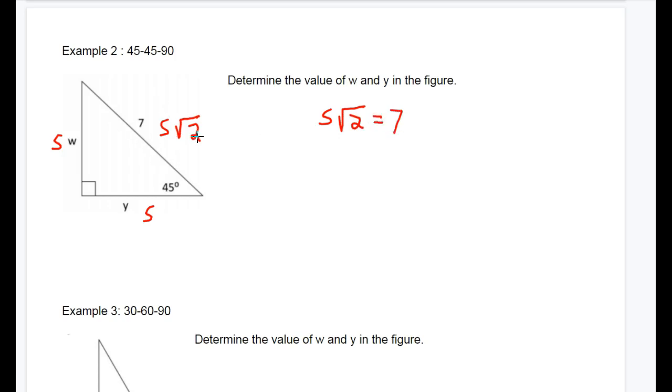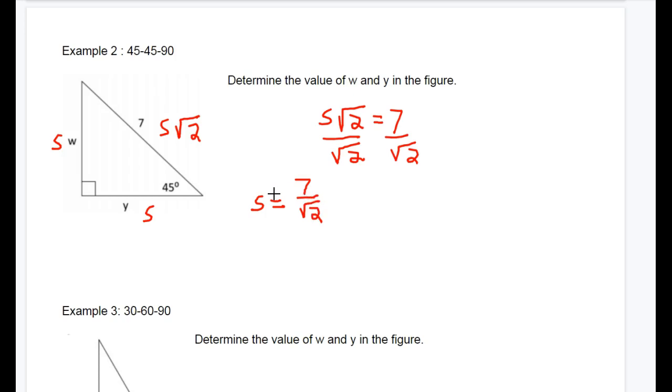If I want to figure out what S is, I'm simply going to divide both sides here by the square root of 2. So I get S equals 7 divided by the square root of 2.